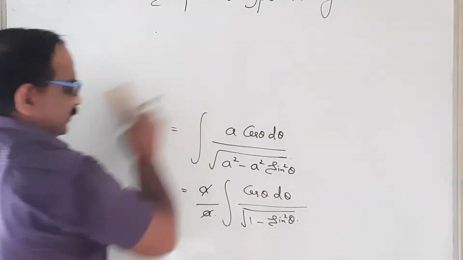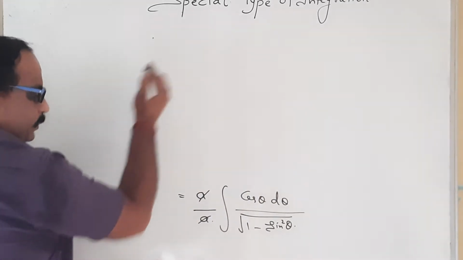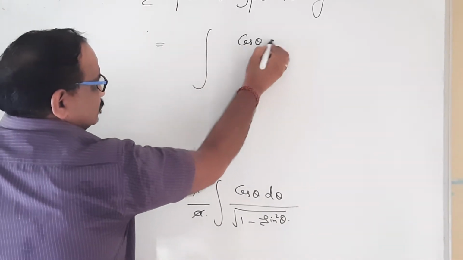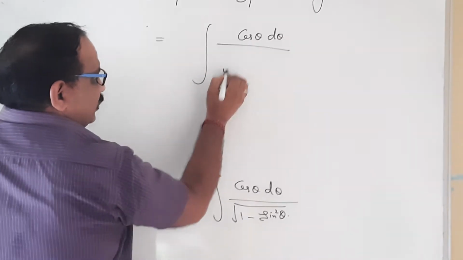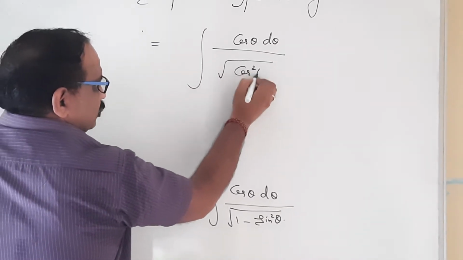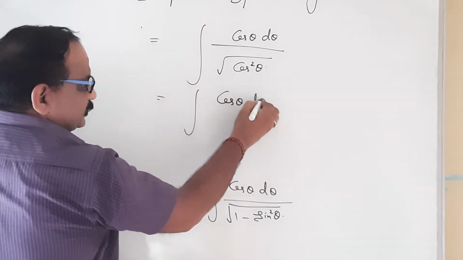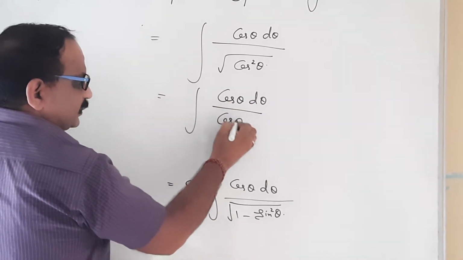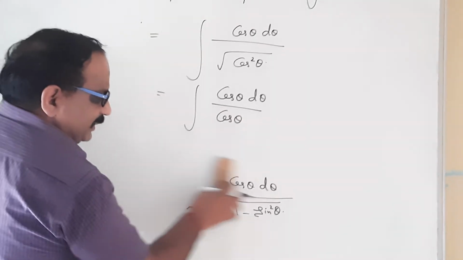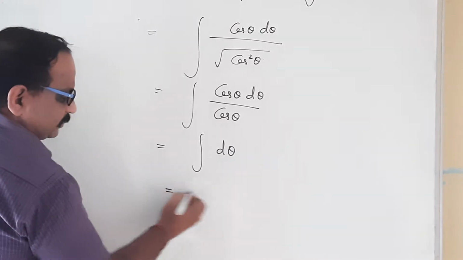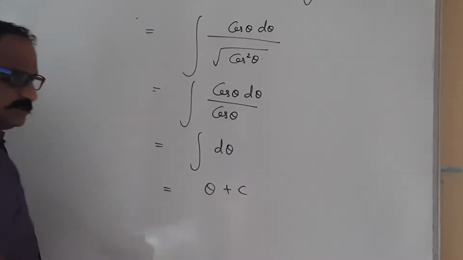So in place of that we write: a and a cancel, so only cos theta d theta is left in the numerator, and the denominator becomes cos square theta. Finally, I have cos theta d theta divided by cos theta. This cos theta and cos theta are eliminated, and finally there is d theta, and the integration comes to theta plus c.